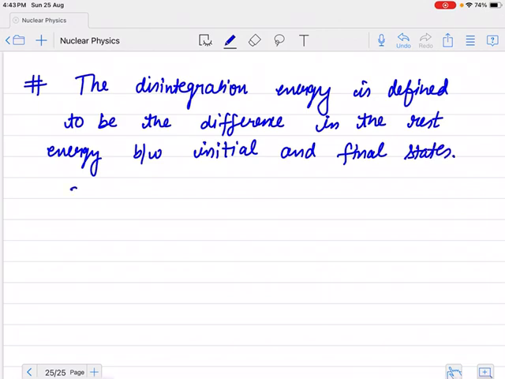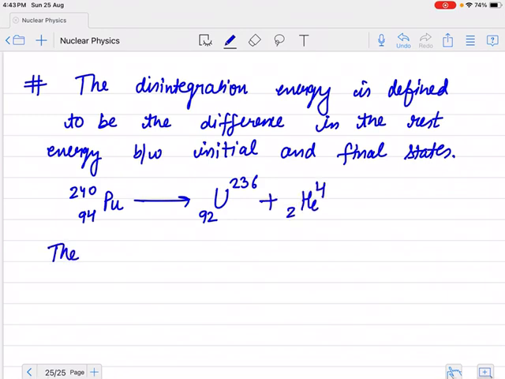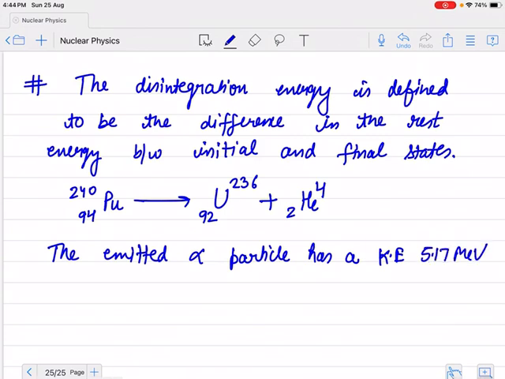Consider the following process. This is the process, and the emitted alpha particle has a kinetic energy of 5.17 mega electron volt.